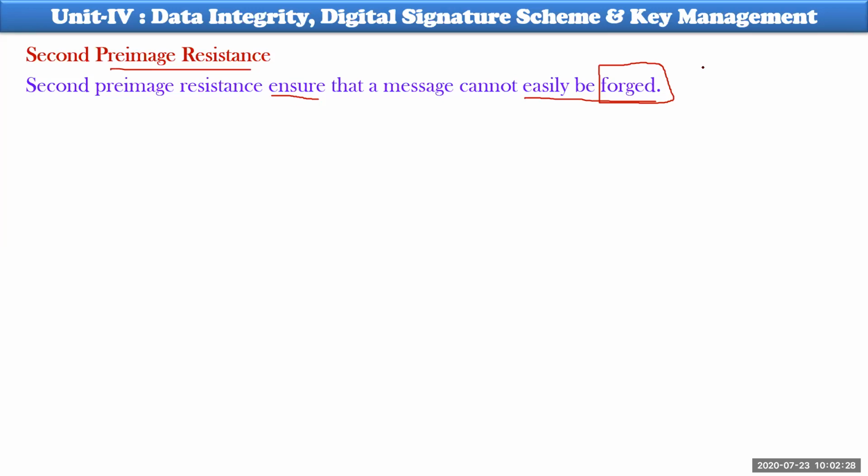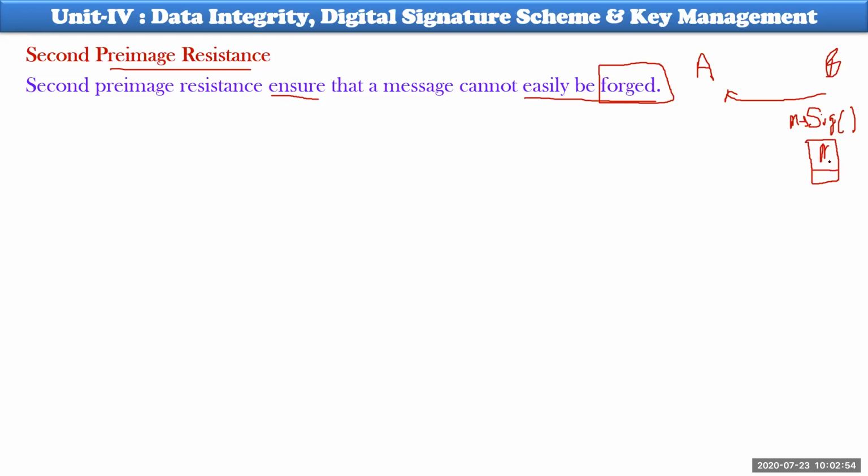So let us consider Alice and Bob, two parties. Bob is trying to communicate with Alice. Bob has prepared a digital signature for a message. He will send the message and the signature, these two combined together.